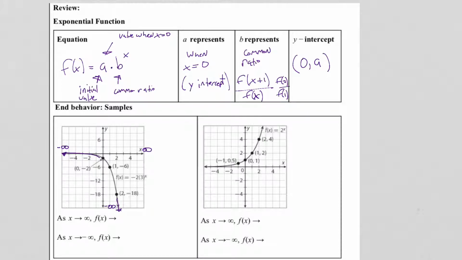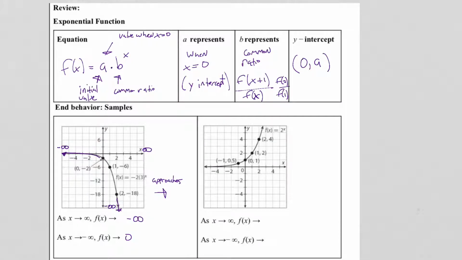And this arrow simply means as x approaches infinity, f of x, or the value of y, approaches negative infinity. And as x approaches negative infinity, f of x approaches 0. And this symbol is short for approaches.